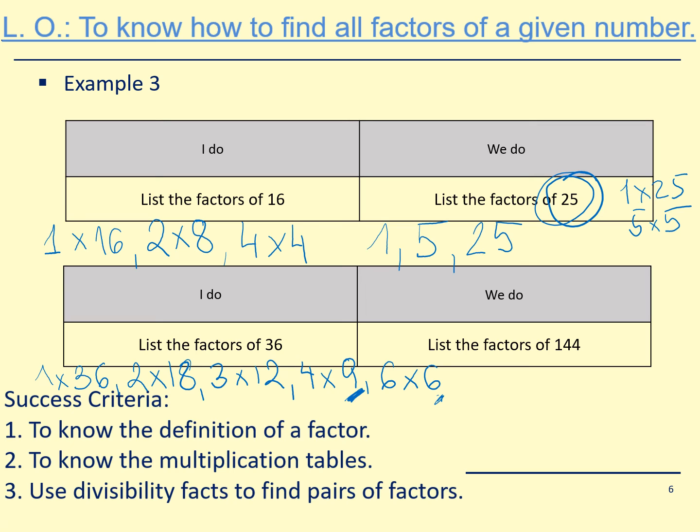But you might want to continue. Okay, so pause this video and try to list the factors of 144. Okay, so what you should have is 1 times 144, 2 times 72, 3. 1 plus 4 plus 4 is 9, so 144 is divisible by 3.